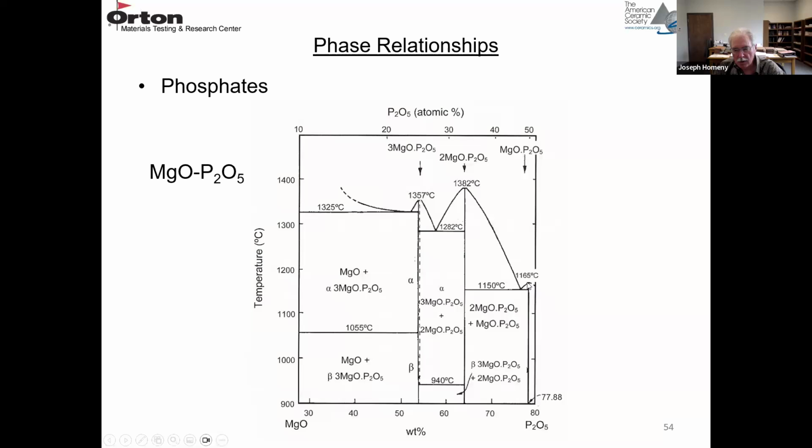And you look at the melting points, 1165 C, 1382 degrees C, 1357 degrees C, and the eutectics are even lower, 1282 degrees C or 1165 degrees C. So you can use MgO to accelerate the reaction, but these are some of the reaction products, and you can see they're lower temperature materials.